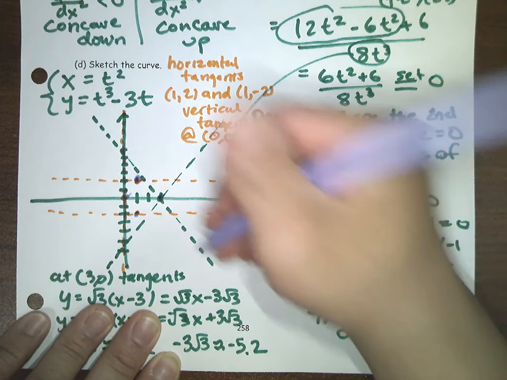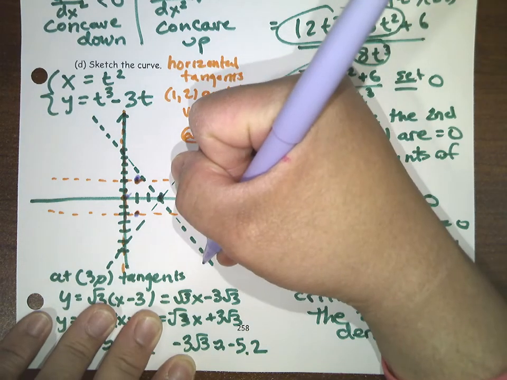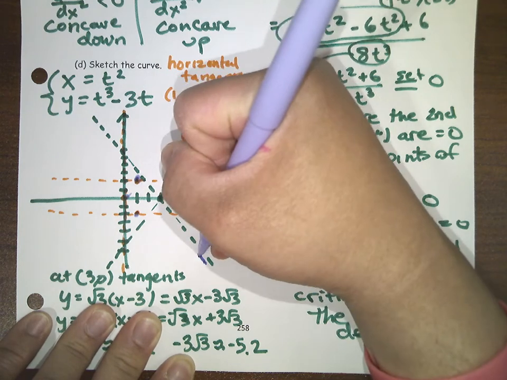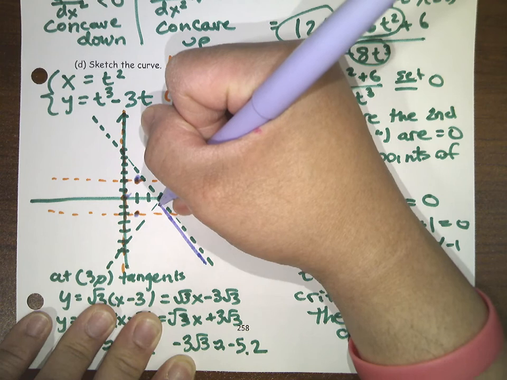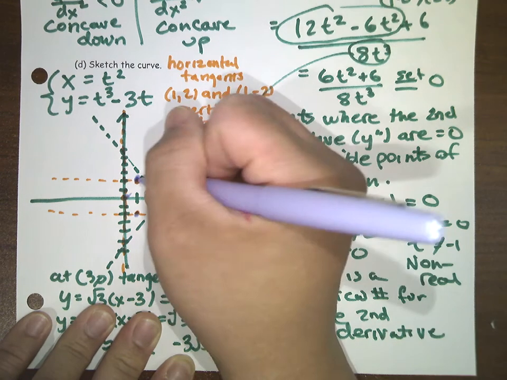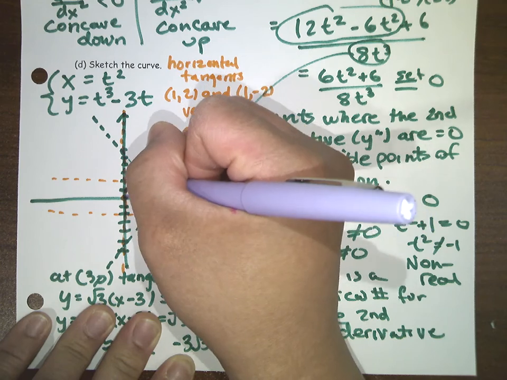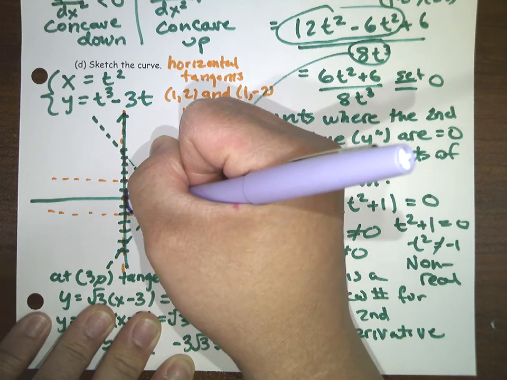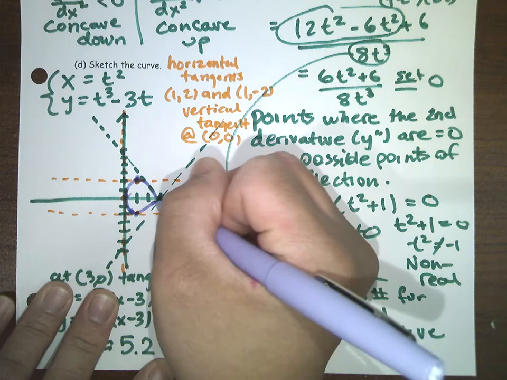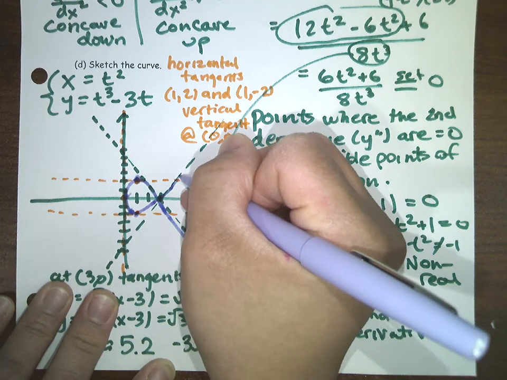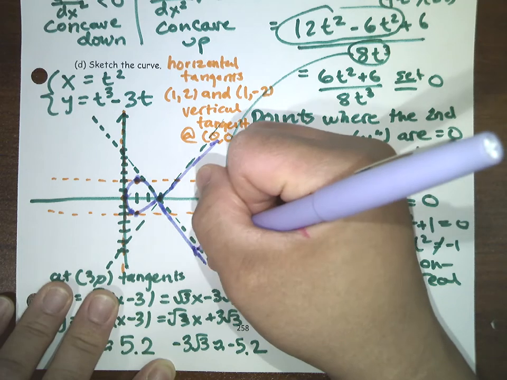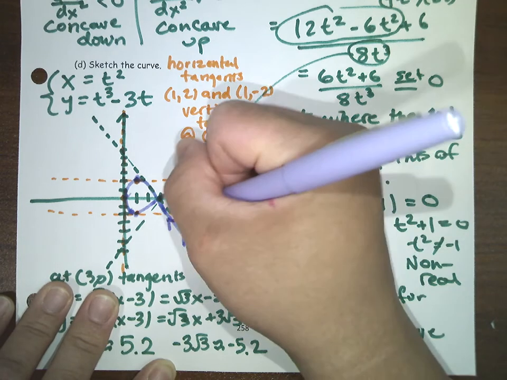So what is going on here? Well, if I pick enough values, the graph is coming along from this direction, going through the point (3, 0), then up to the point (1, 2), then around to (0, 0), then down to (1, negative 2), and then back through (3, 0), and then back out this way. So that is the graph of this equation.